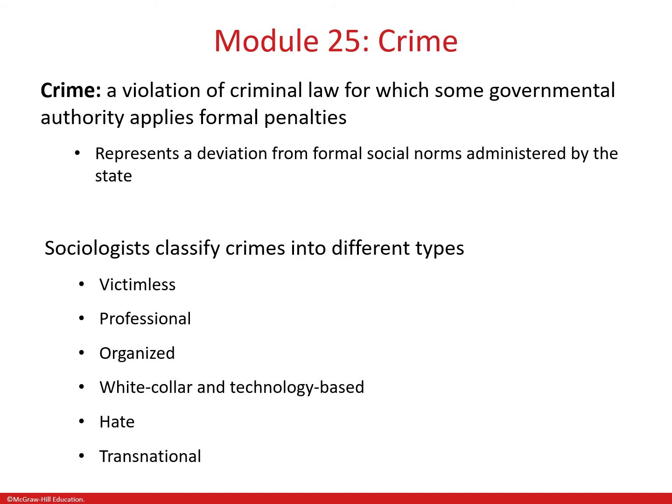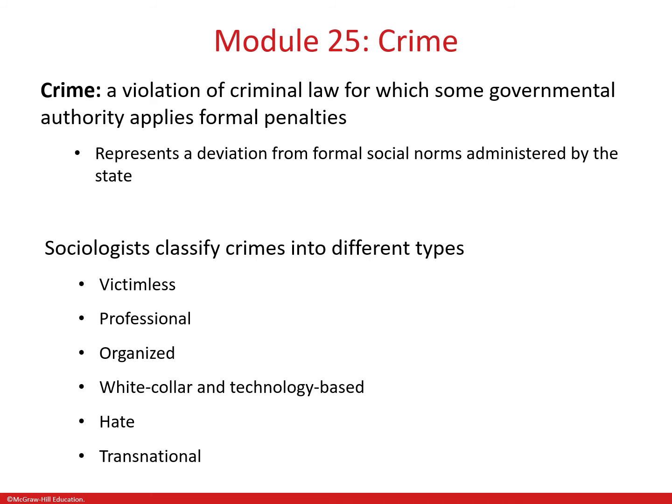And these index crimes, you have crimes that are committed against people, that are violent. We call them the violent crimes: murder, rape, robbery, assault. And then we have crimes against property, which is burglary, theft, motor vehicle theft, and it also includes arson. Now, sociologists classify crimes into different types, and the types of crime are classified by how they are committed and how society views the offenses.